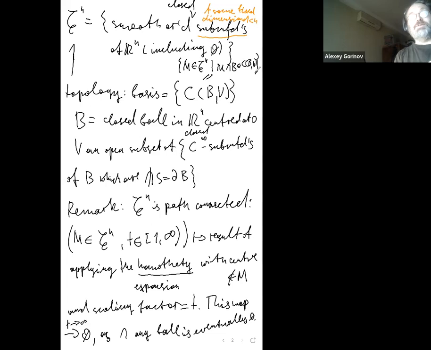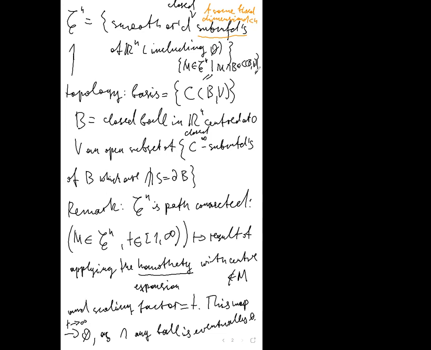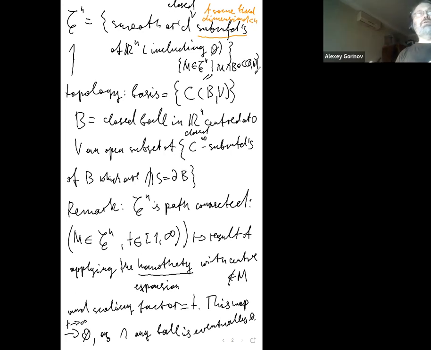Does this make sense? So on one hand, you mean by CBV this collection, and then on the other, CBV is just continuous maps. No. Sorry. I messed it up again. Let me erase here. It doesn't make sense. Okay. Let's see.